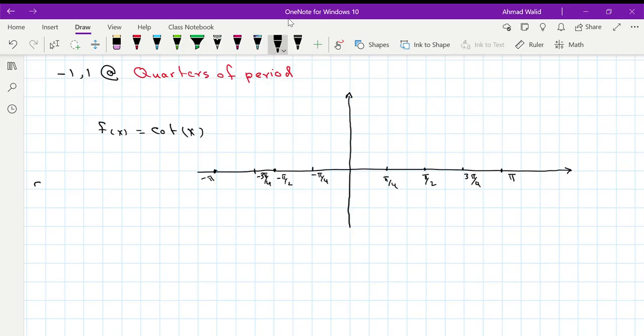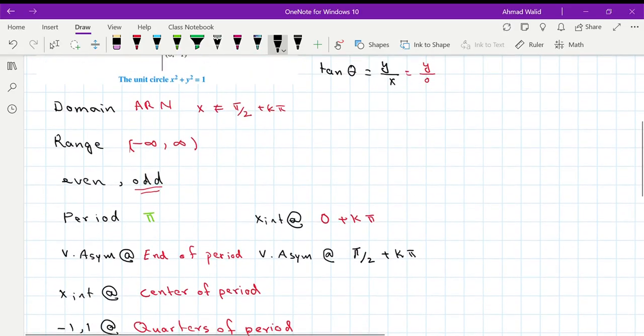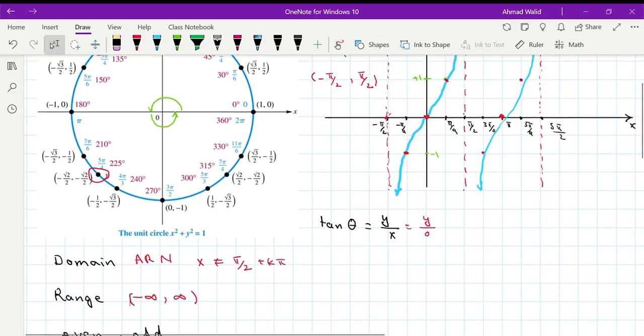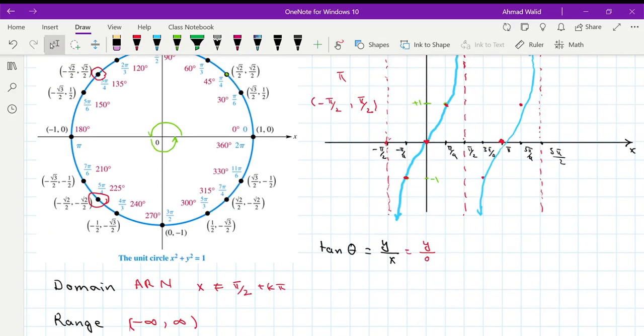We know cotangent of theta equals x over what? Y. It's the reciprocal of tangent, correct? Now, easily I can say, wherever that I had vertical asymptote for tangent, those become the zeros for what? For cotangent, because they are the reciprocal.